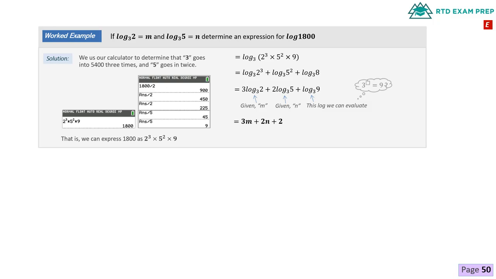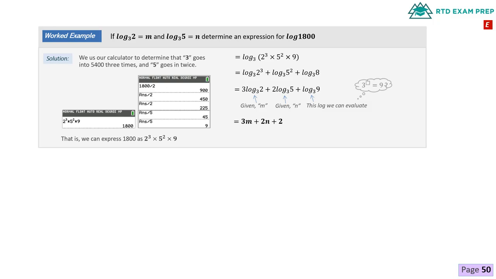So we take our calculator and we divide 1800 by 2 as many times as we can, and then we divide it by 5 as many times as we can, and then we hope the number we have left over is divisible by 3. Specifically, is a power of 3. So here we find that 1800 is equivalent to 2 cubed times 5 squared times 3 squared, or 9.